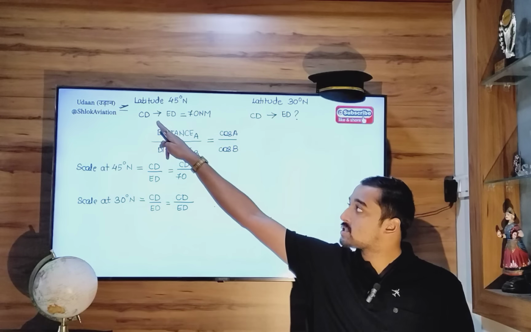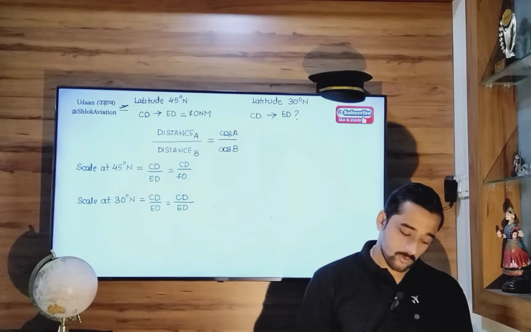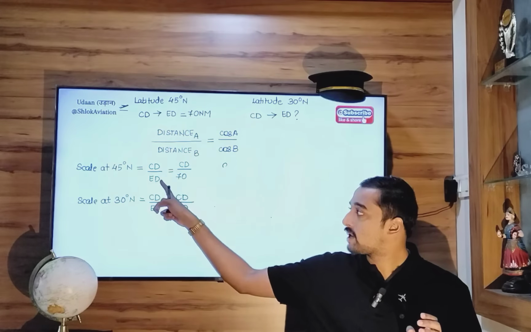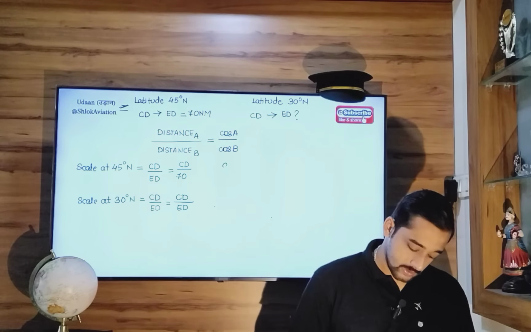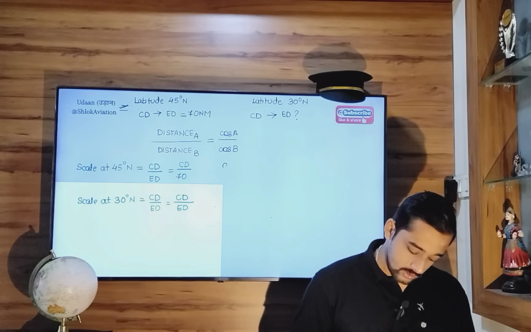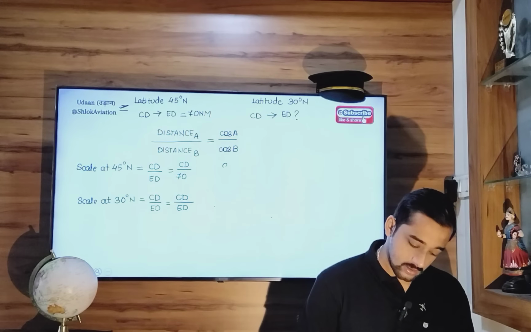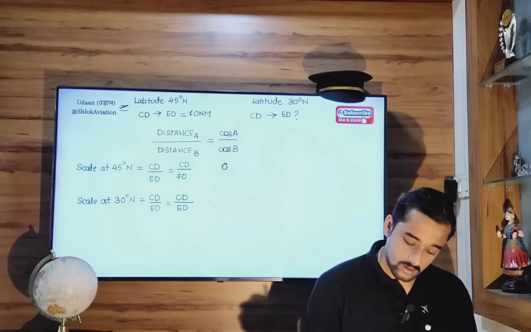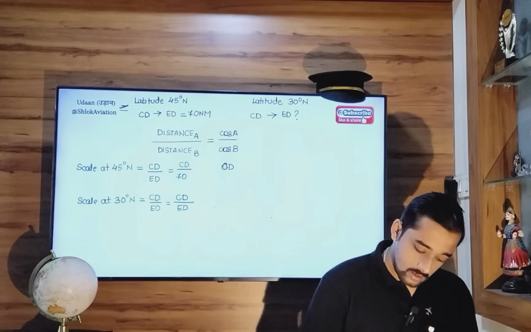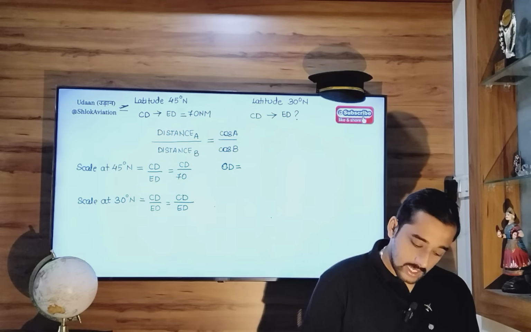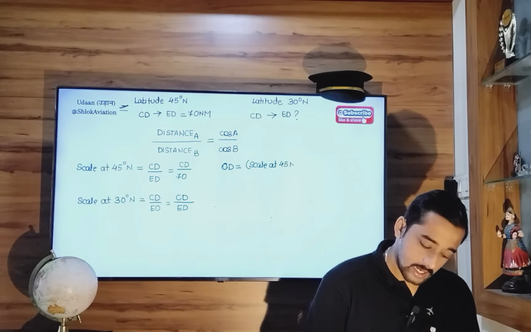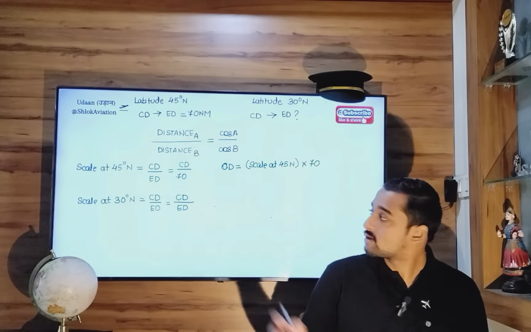Now in both cases the chart distance is the same. So what we will do is we will keep chart distance on left hand side and bring other variables to the right hand side. So chart distance equals scale at 45° north multiplied by 70.